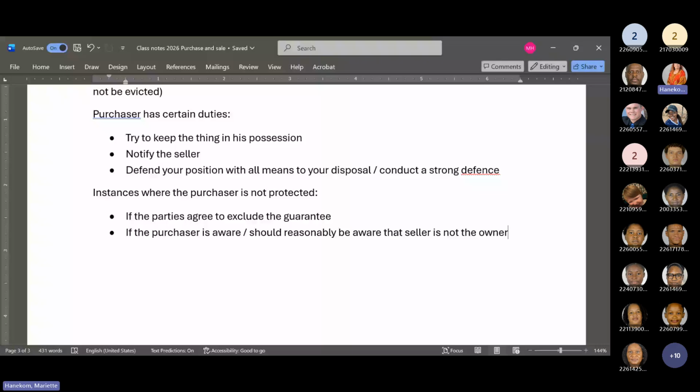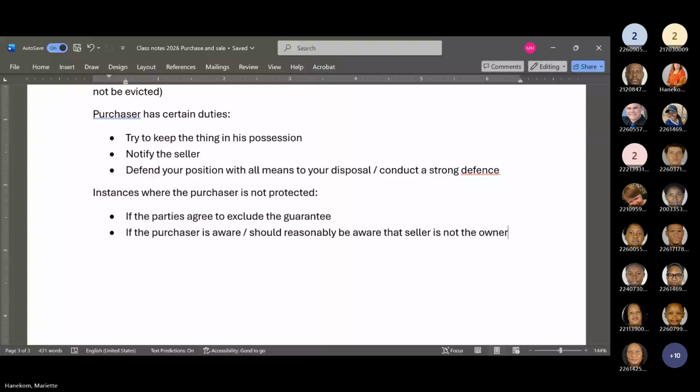If you know you are buying stolen goods, the law is not going to protect you. If I'm in the parking lot at Vernhill and some scaly looking man comes to me and opens his coat and shows me an iPhone and says $500 and I buy it, it's fairly obvious that this is stolen property. So if the police subsequently track it down and take it away from me, I cannot try to claim, oh, guarantee against eviction.